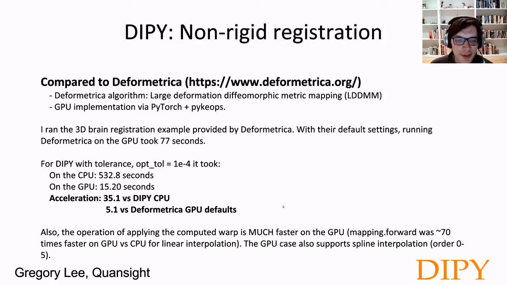And I should mention that once you have the warp field, actually applying that field is much faster on the GPU. I mean, up to 100 times or so faster for GPU versus CPU. And we can do the warps in a higher order interpolation as well.